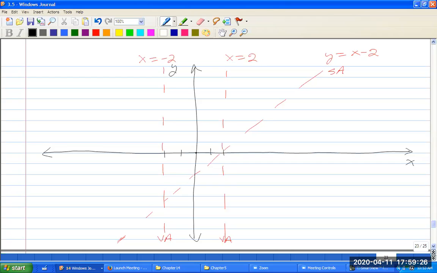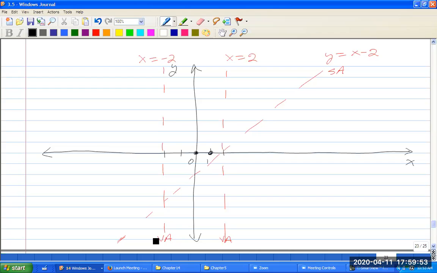We pass through the origin and 1. So we have to approach this here and this here, and we don't cross the x-axis anywhere. And we have to approach these.